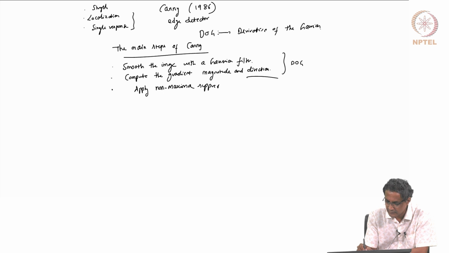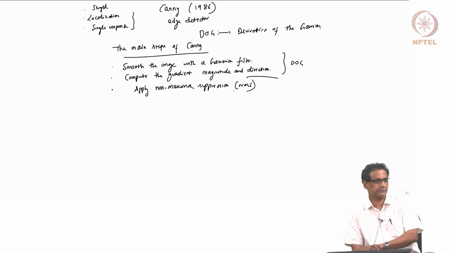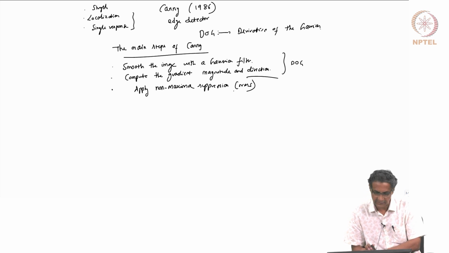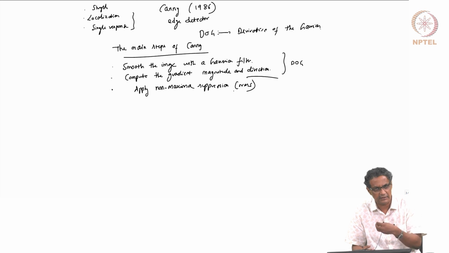Have you guys heard about this, NMS, in some context? This is not something particular to edges. In any other context, has any of you heard about non-maxima suppression? Perhaps you must have. Non-maxima suppression means that when you are looking at several guys coming up, you want to throw away the guys which are really not a maximum, so you suppress them.